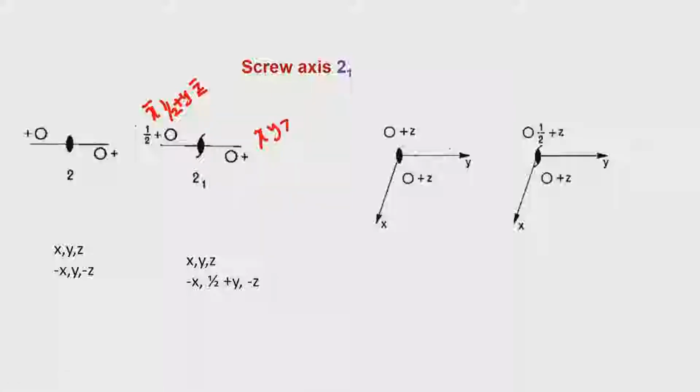So x, y, z now goes over to x bar, half plus y, z bar, and now if we operate the twofold rotation again on this x bar, half plus y, z bar object, that object will go to another twofold rotation, but it will now come to an equivalent point which is x, 1 plus y, z. So that means we have now introduced a 1 unit translation along the y direction.